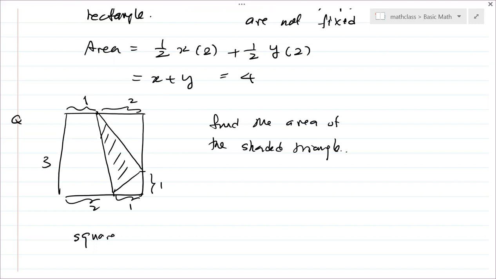Anyone? My hint is to use the subtraction method.